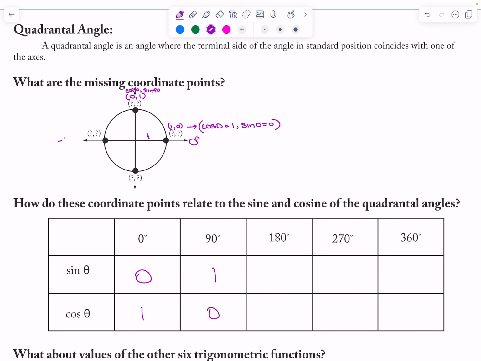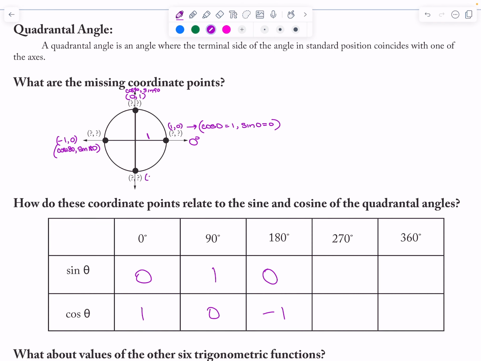180 degrees is negative 1, 0. So my cosine of 180 is negative 1, and it's 0 for sine.